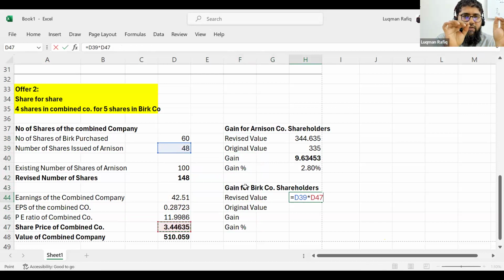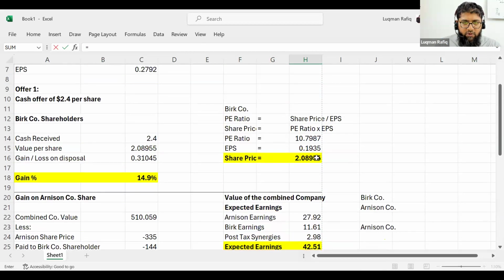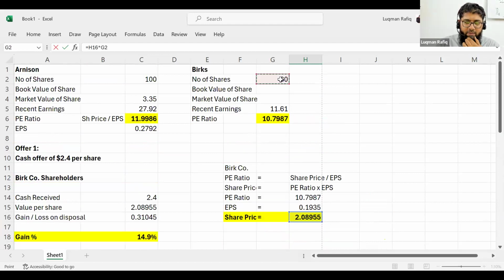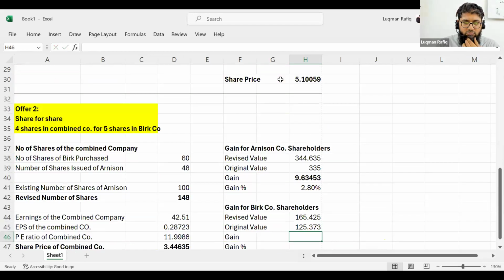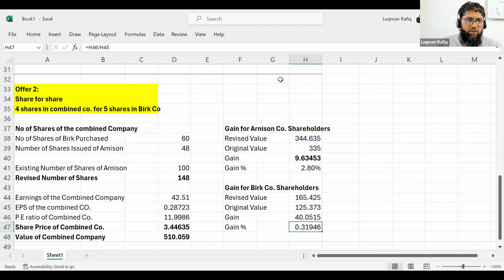Each share is worth this much. What was the original value of Burke company? We did calculate that: the original value was the share price multiplied by the number of shares they had. So the gain is this minus this. The gain percentage is this gain divided by the original value. So 31.946%.